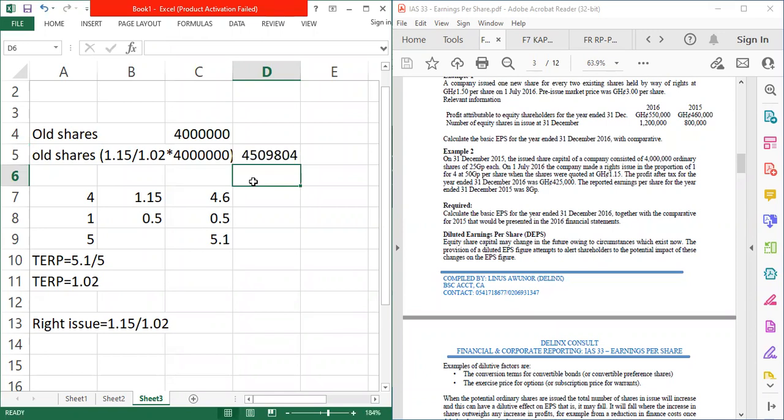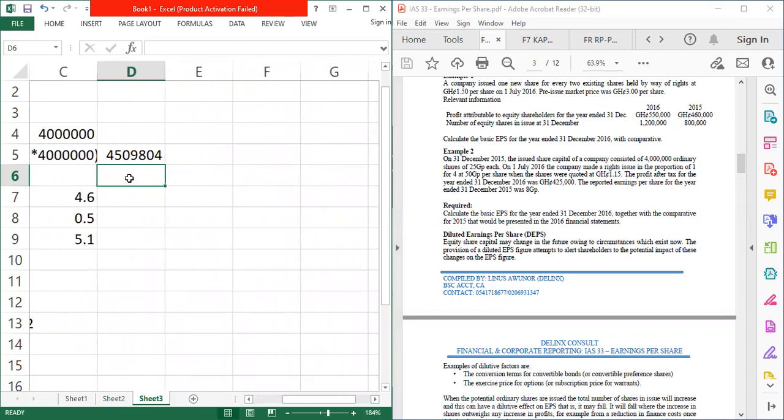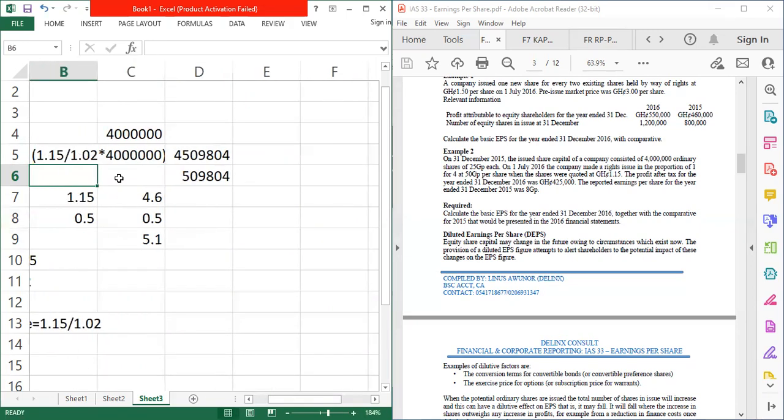So let's find the increase in the shares now. The increase is 509,804.